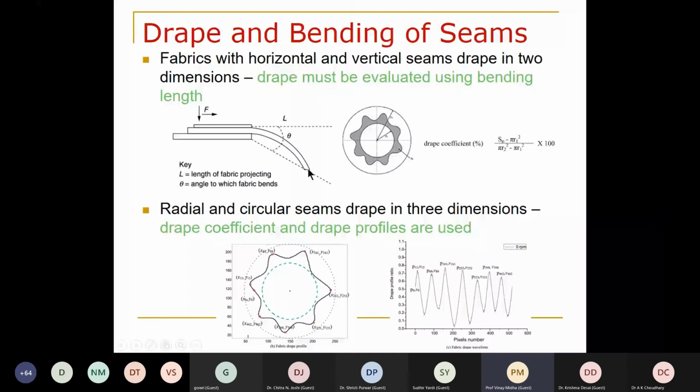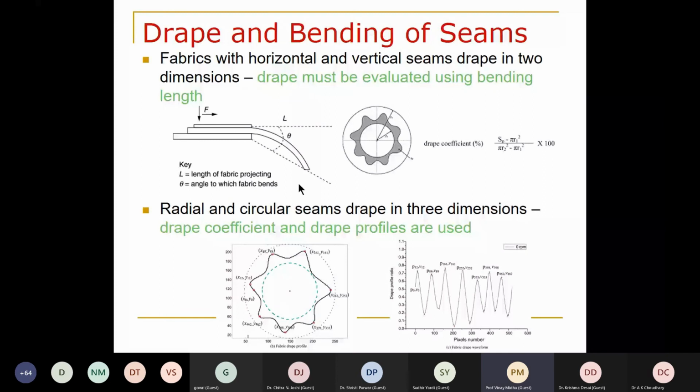But when coming to the radial or the circular seams, either the drape coefficient is required or we may have to go for the drape profiles. For these types of circular or radial seams, the bending length cannot give you an appropriate understanding of the bending behavior.